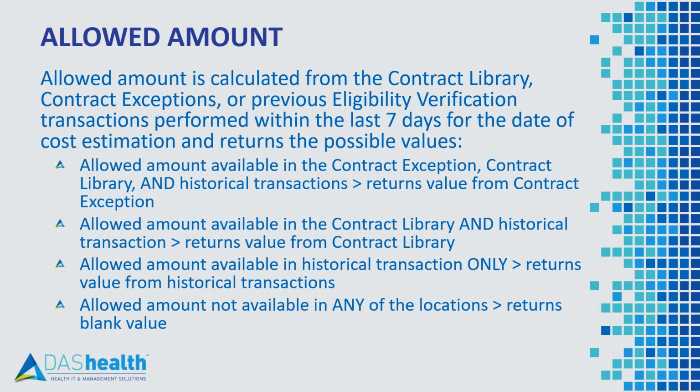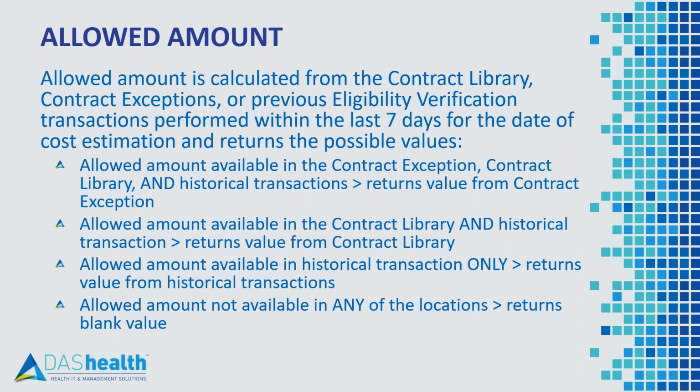So part of the patient cost estimation that can be a little trickier, a little less straightforward, is the allowed amount. How this allowed amount field is calculated is pulling from a couple of places. It's looking at your contract library, so if you have any contracts set up in NextGen, in addition, it's looking at any contract exceptions, as well as any previous eligibility verification transactions.